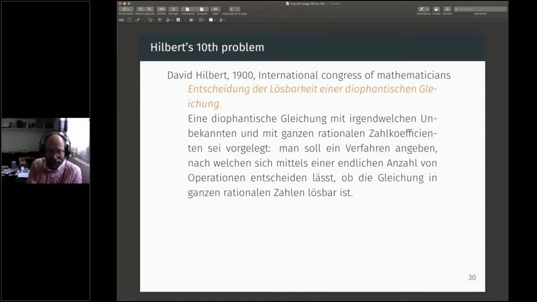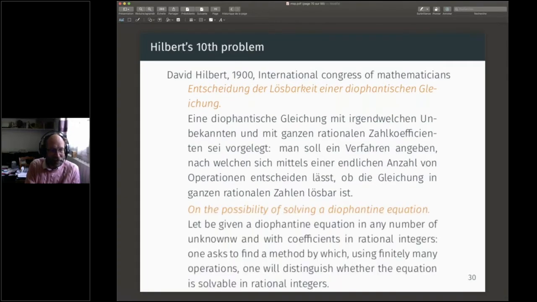So we have in many languages, and yet one more, it's German. He asked about the Entscheidung der Lösbarkeit einer Diophantischen Gleichung, which means that given a Diophantine equation in any number of unknowns and coefficients being rational integers, he asks to find a method by which, using finitely many operations, one will distinguish whether the equation is solvable in rational integers.